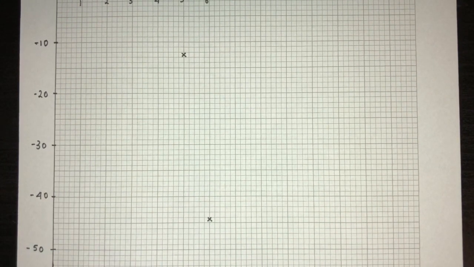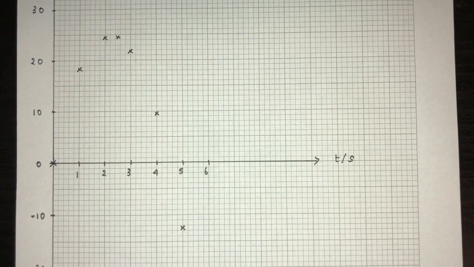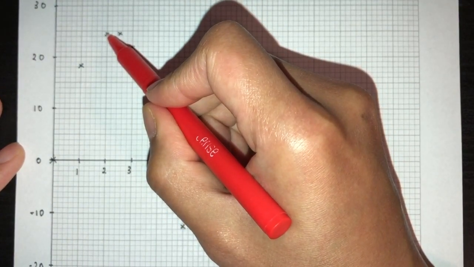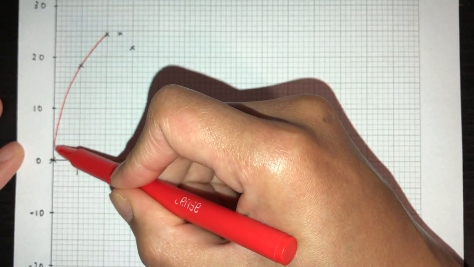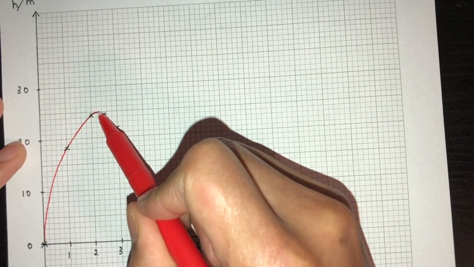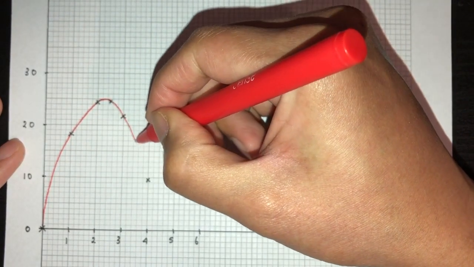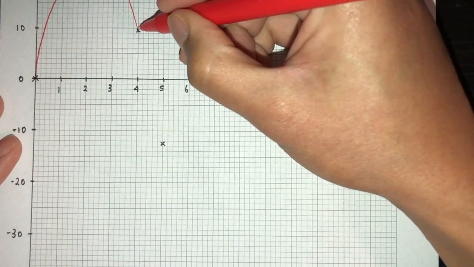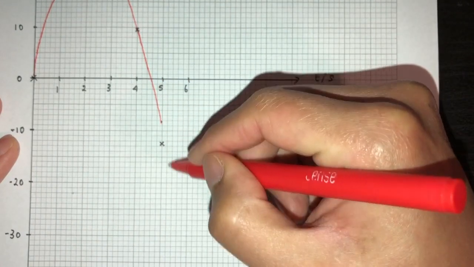So now we have to join these points by a smooth curve. Let's see how we can try to do this. You have to try your best. Of course you'll be using a pencil for that. If your line is not good, you can always erase and then try again. Not so great.